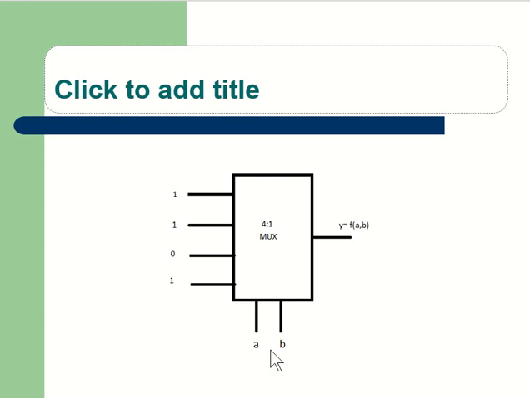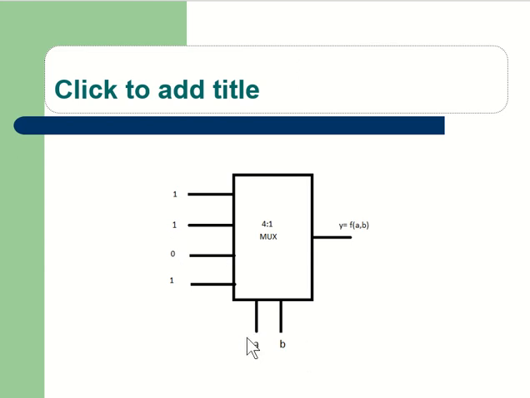Since we have f(a,b), whatever variables are represented will be taken as select lines. So a and b will be acting as select lines, and since it is two variables with four different input combinations, the inputs will be 4 and the output will be 1. Whatever we got, 1 1 0 1, is as per the problem: the 0, 1 and 3 values will be high and case 2 is 0.